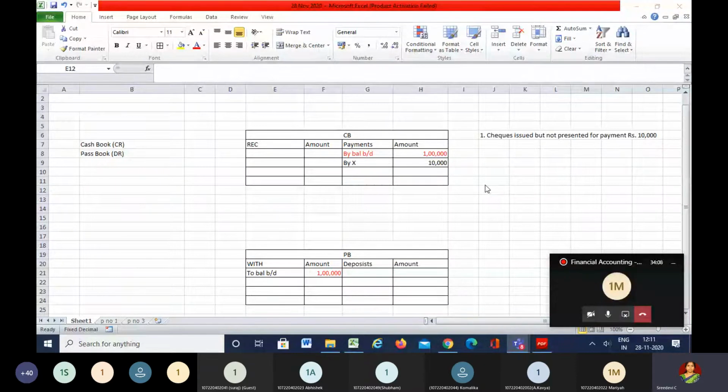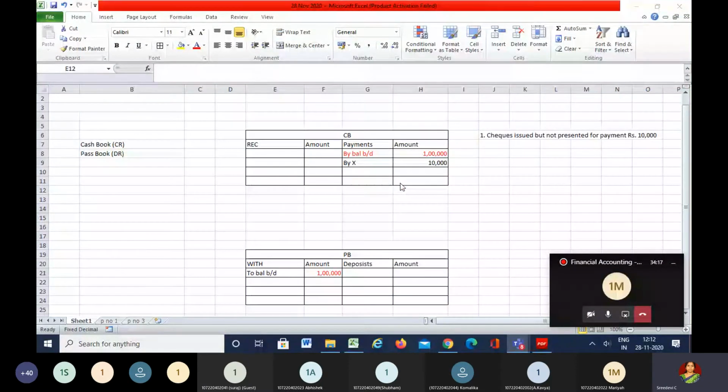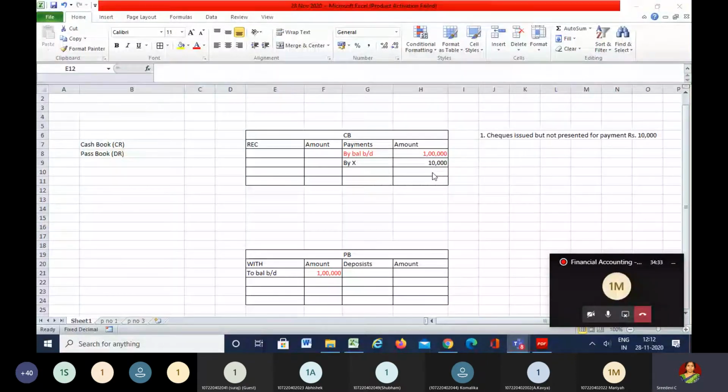Because of which the balance in the cash book increases. That means now we need to pay the banker 1,10,000, not 1 lakh. That means our overdraft will increase. Is it clear, children? Yes, ma'am.